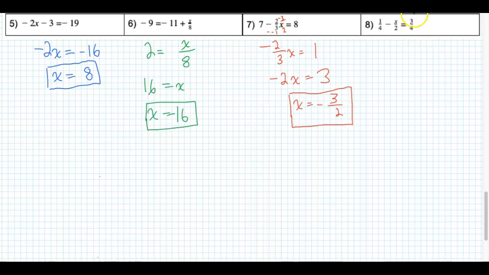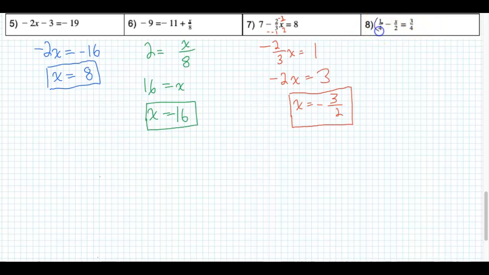If I multiply by 4 here, that's going to undo that division. Now I got to see, is 4 a multiple that works for the other denominators? Is 4 a multiple of 2? Well, yeah, it is. So my lowest common multiple of all the denominators is 4.